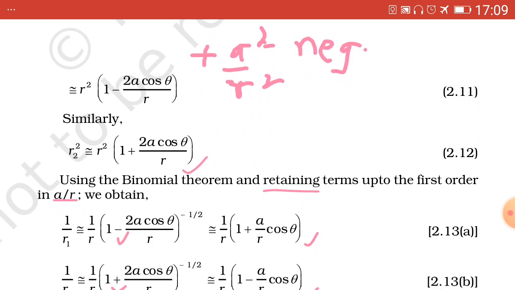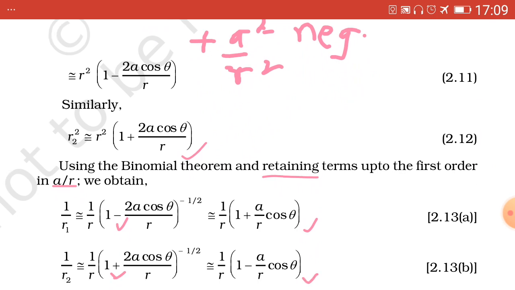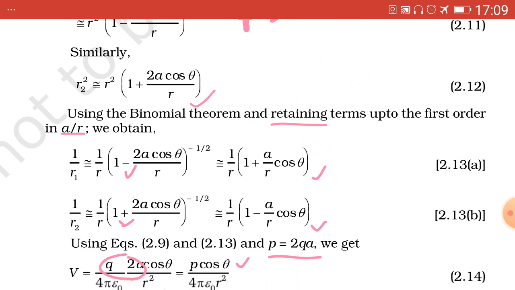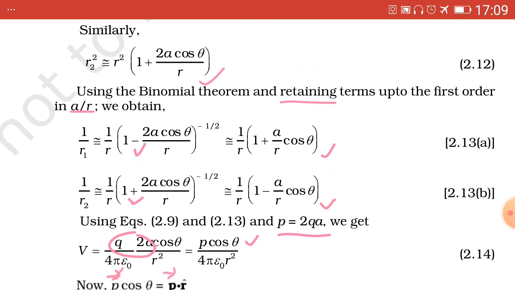Now using the binomial theorem and retaining terms in a upon r only, we get 1 upon r1 equivalent to 1 upon r into 1 minus 2a cos theta upon r whole raised to minus 1 by 2, and 1 upon r2 equivalent to 1 upon r into bracket 1 plus 2a cos theta upon r whole raised to minus 1 by 2.